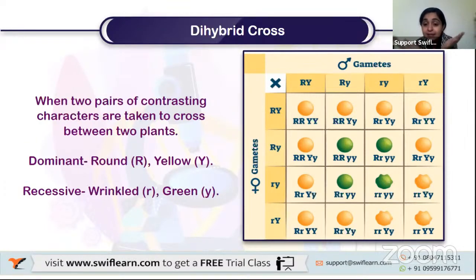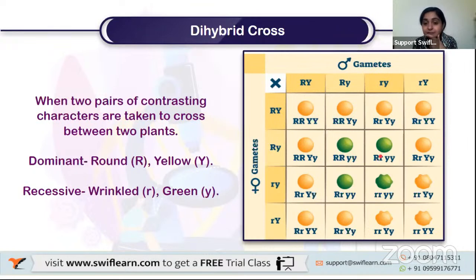So hence we get a green color, because small y here and small y here stand for green in color, right? So one was the dominant trait, that was round, but on the other hand, y was both recessive. Hence, we got a product that is green in color, because the trait was recessive in nature.